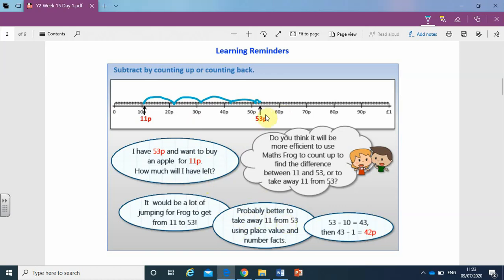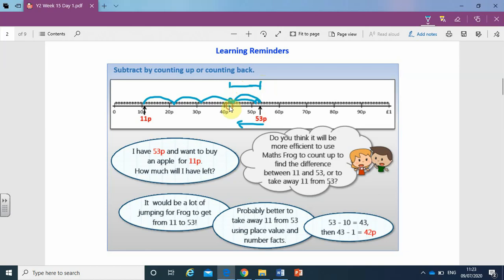Would it be better to go backwards, to go this way, and go back 11? On a number line, I'm at 53, so I would go back 10, which is 43, and then back 1. So there I've gone this far.